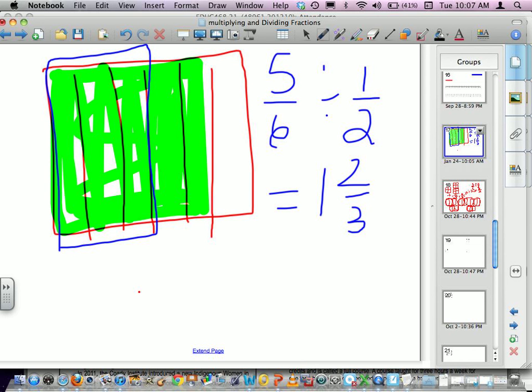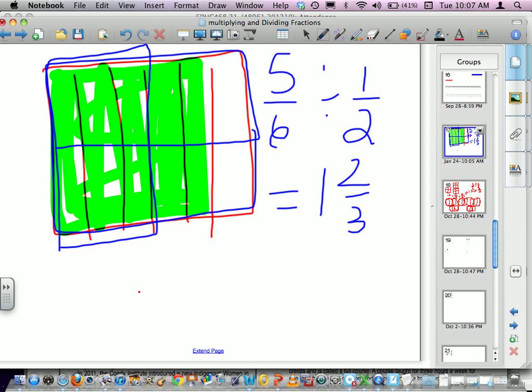Here's another way to think about this, though. What if I made my half this way? If I think about this set of a half, what fraction of a half do I have? If I'm just looking at the bottom one, what fraction of a half do I have? How many pieces? 5/6. If I look at the top half, what fraction of a half do I have? 5/6.